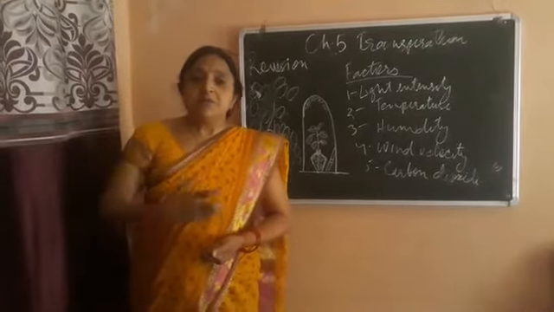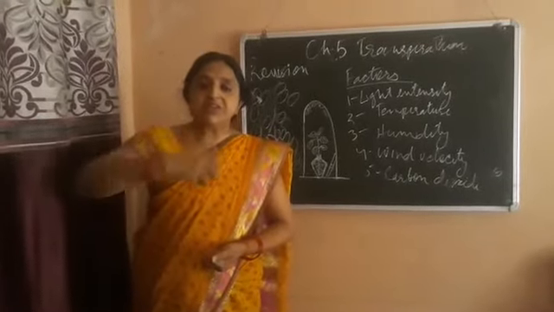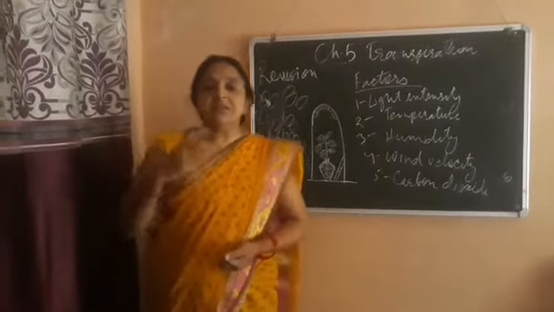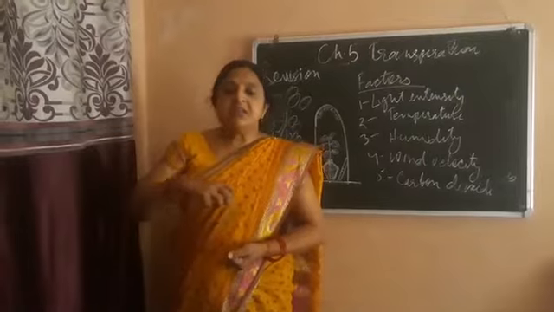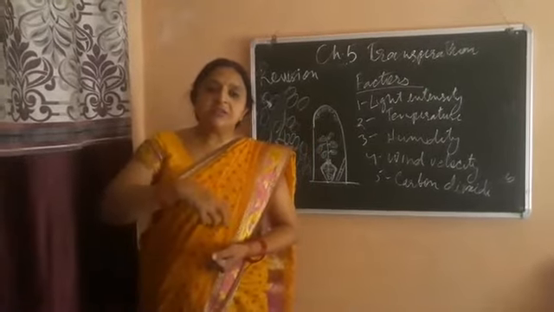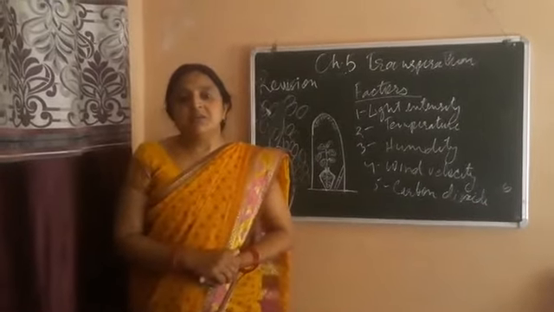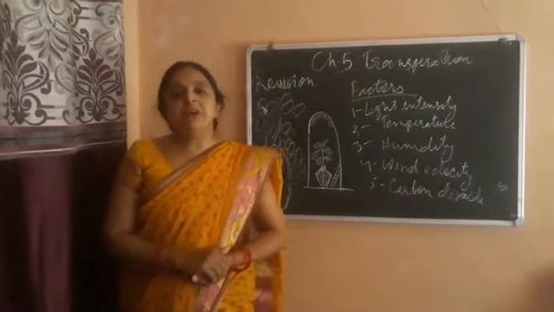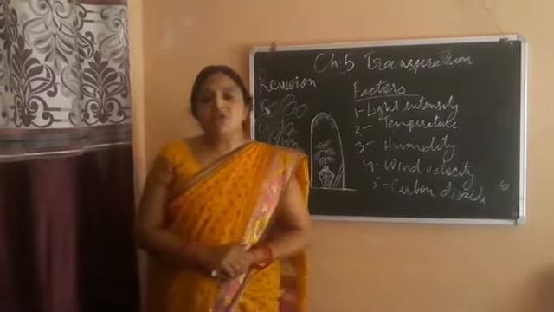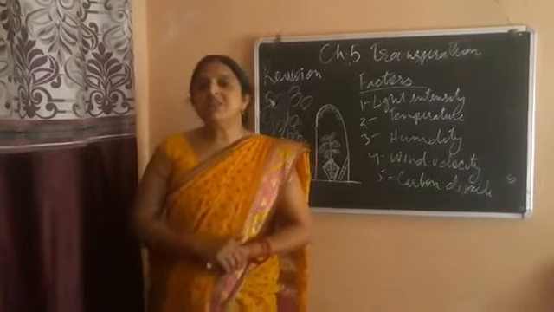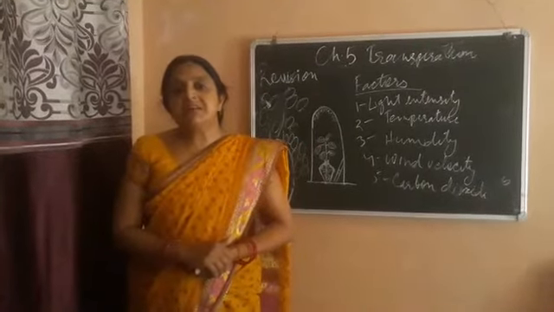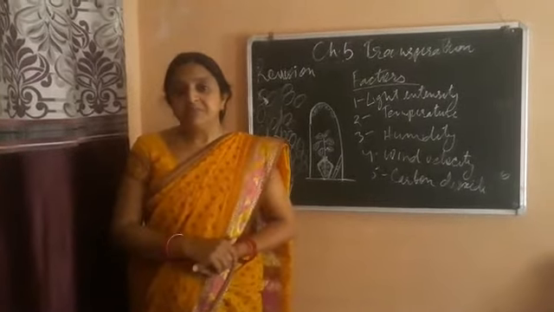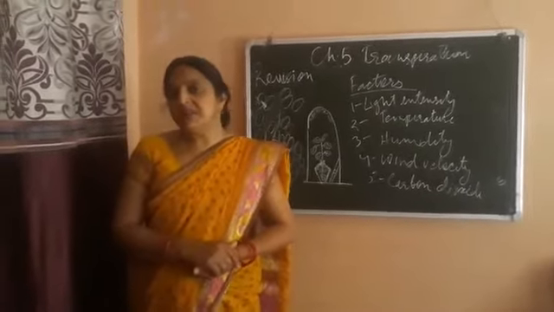Next, because of transpiration, suction pressure is maintained in the plant, so absorption of water occurs and water moves very easily upward. We all know that ascent of sap occurs in plants and this process is opposite to gravity.